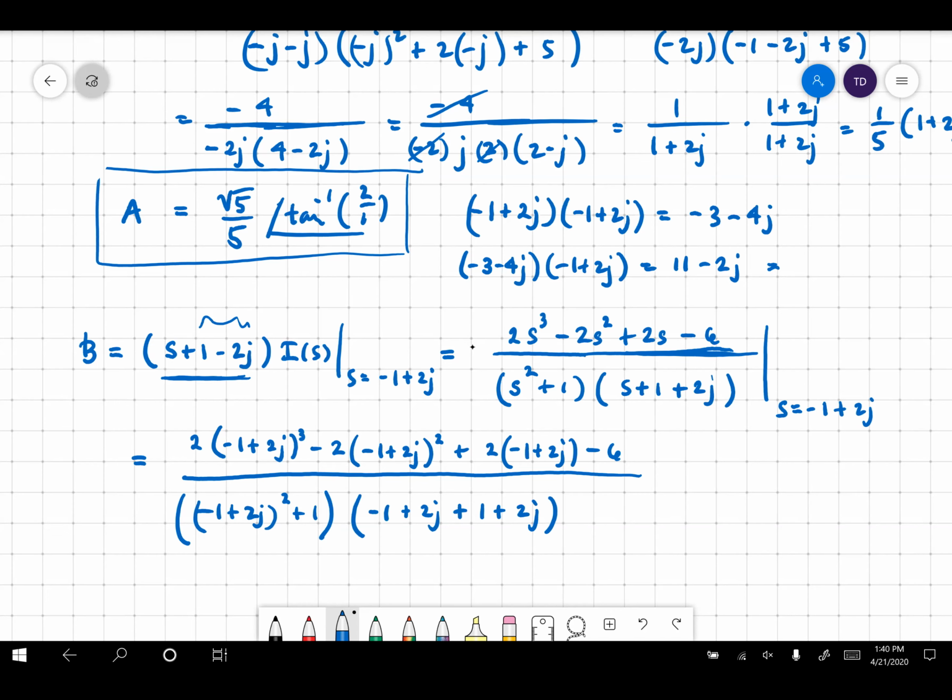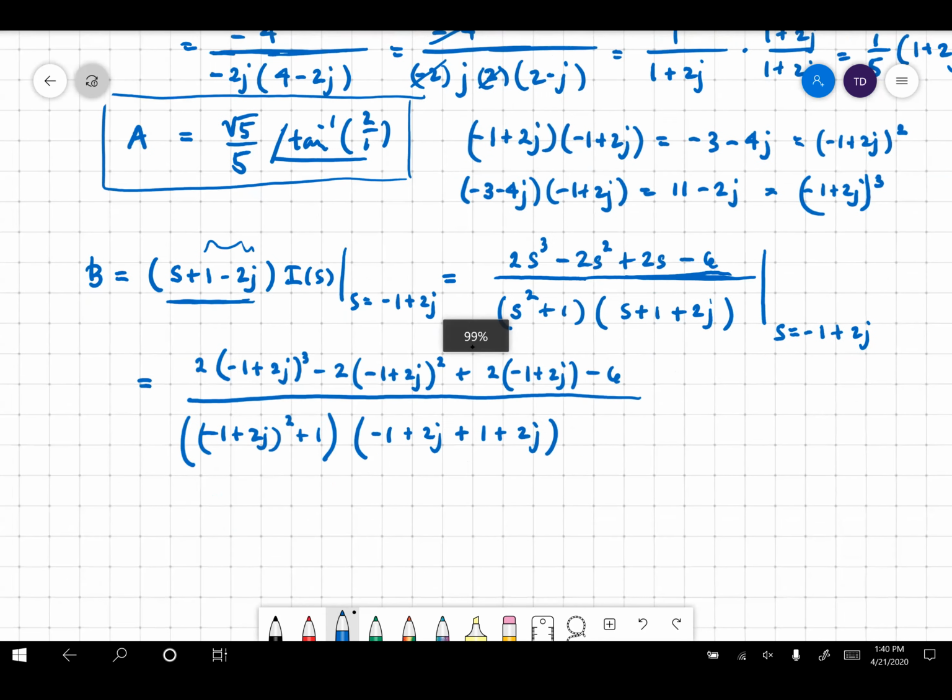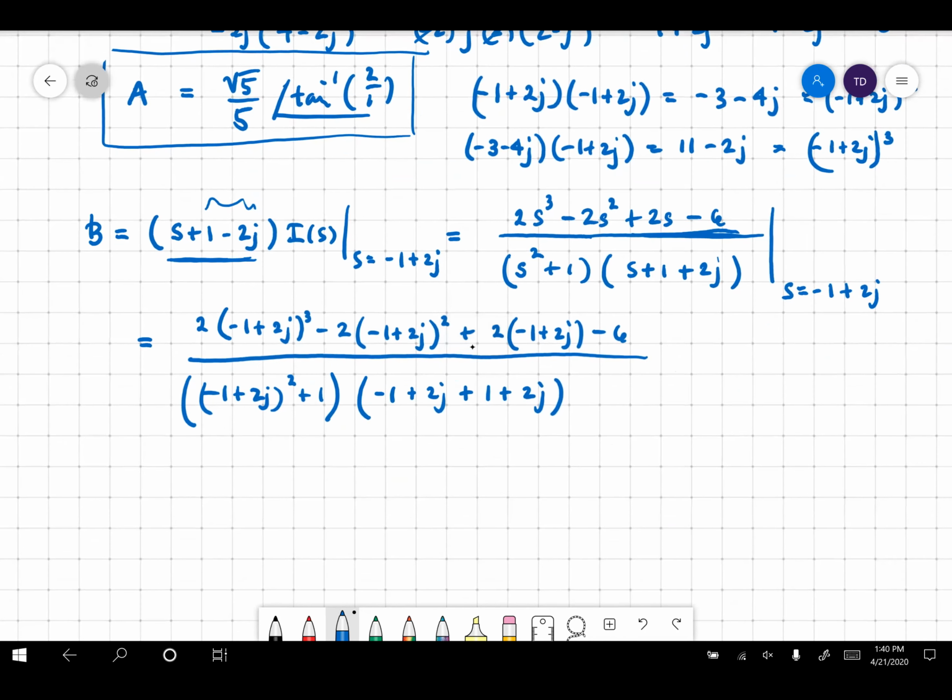So this is minus 1 plus 2j cubed, and this is minus 1 plus 2j squared. So we'll substitute those in. Okay, so this mess is equal to twice minus 3 minus 4j, minus 2 times, oops, sorry, first one's wrong.